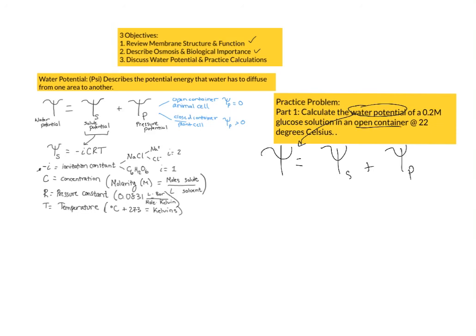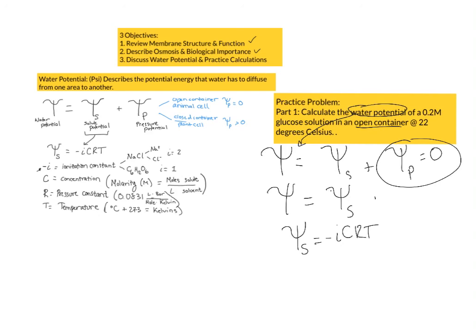So right away we know that pressure potential is going to be equal to 0, right? So psi is just going to be equal to psi s, because again, psi p is equal to 0 in this case. All right, so to solve for psi s, we know that this is equal to negative iCRT.